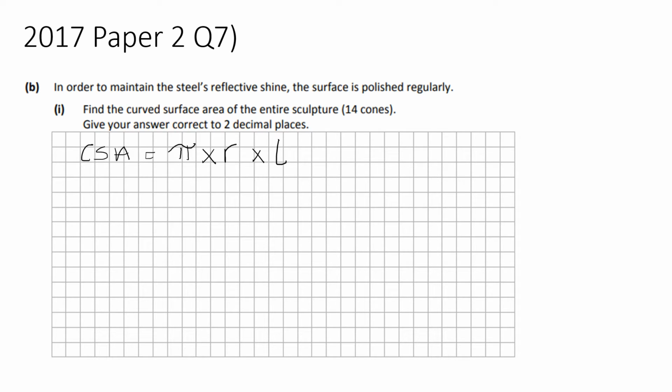We know this sculpture has 14 of them, so I'm going to do 14 times pi times the radius, which is 2.25, times the slant height, which is 5.03. Sorry, not the height, the slant height, so that's L from your previous question. When you put that in your calculator, you get to 2 decimal places 497.77 meters squared, and that is 10 marks.